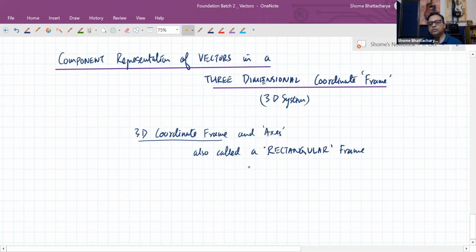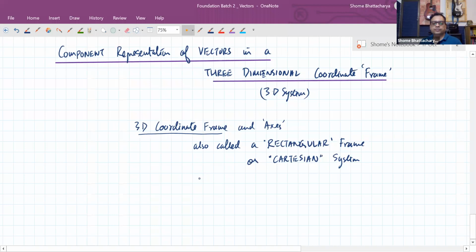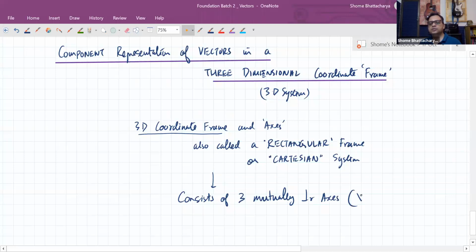Or it is also called the Cartesian system. So these are all alternative names for the same thing, a three-dimensional coordinate frame in the Cartesian system. In this system, the frame consists of three mutually perpendicular axes, which typically we denote as the x, y and z axes.